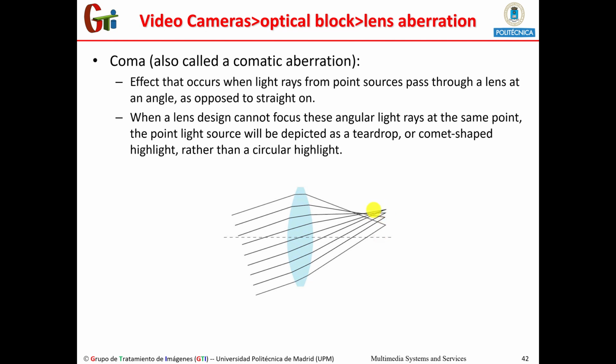In this case, due to the geometry of the physical event, instead of just producing a circular blurring, the blurring will have another typical shape in the form of a teardrop or comet.